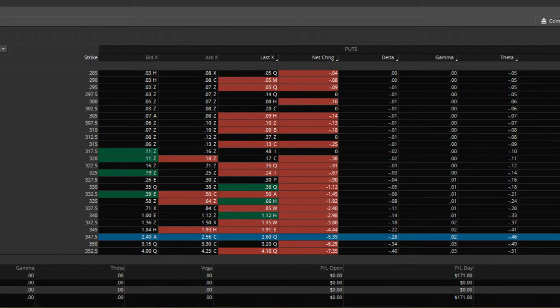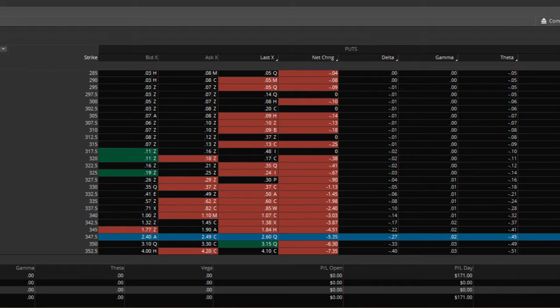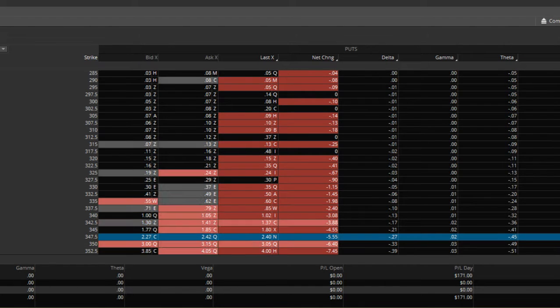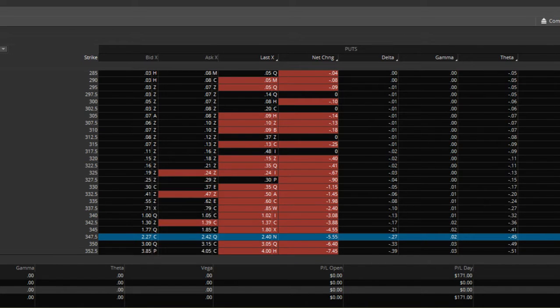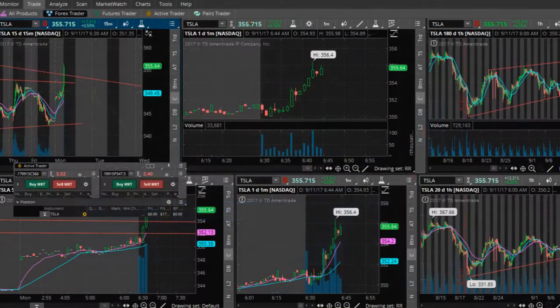Let's look at this one over here for 240. Go ahead and paste it into our active trader. And we'll have that ready to go. We'll buy 3 of them when it comes time. And we'll go ahead and switch back over here.